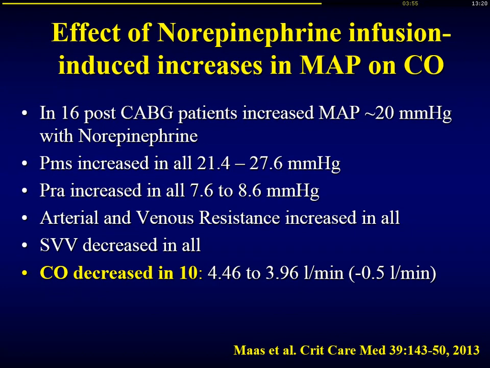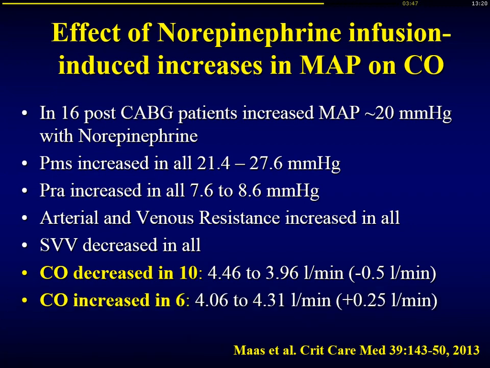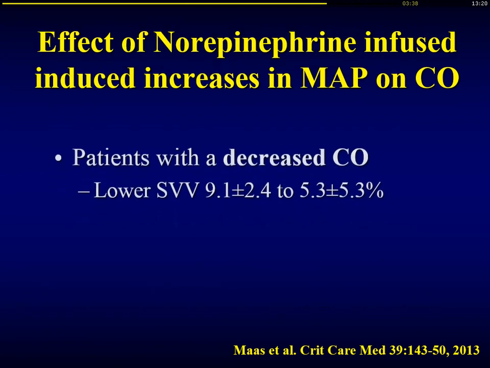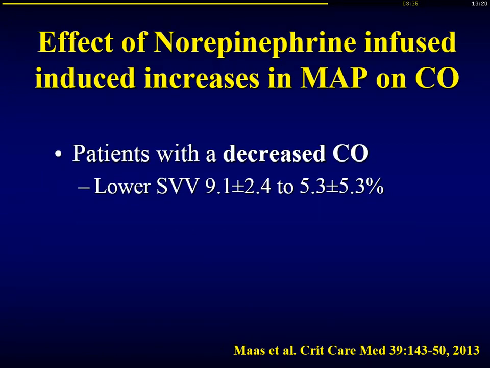However, cardiac output fell in 10. It fell from 4.5 to 3.9. And cardiac output rose in 6 of the patients from 4 to 4.3. The patients were different. In the patients whose cardiac output decreased, their baseline post-op stroke volume variation was only 9.1.